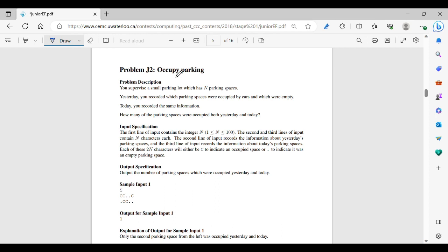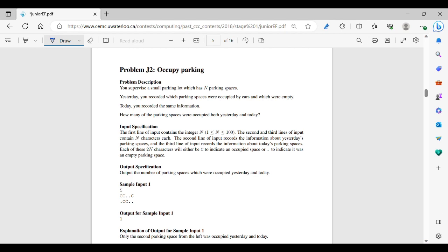So today I'll be explaining and showing you my code of the 2018 CCC Junior Question 2, Occupy Parking. For example, you supervise a small parking lot that has n parking spaces.